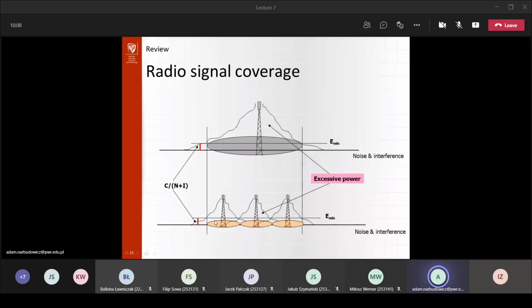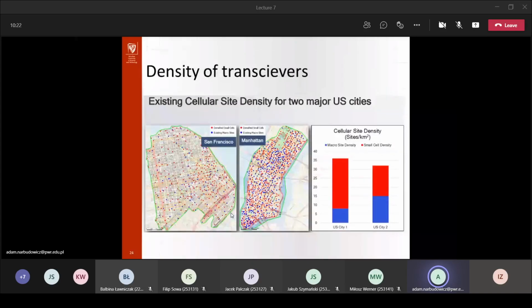This is basically cell-based communication, where the area served by one transmitter is considered a cell. And on top of that, we also have so-called small cell and macro cell sites.